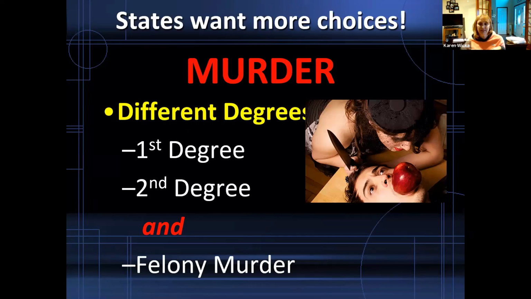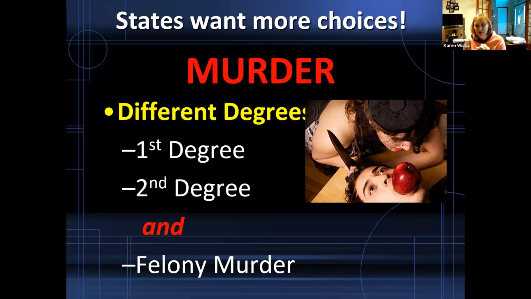Okay, now what happened with common law? We just had two choices, murder and manslaughter. So intentional murder, lower level mens rea, manslaughter. States didn't like that. It was such a severe distinction that they wanted some different degrees. They wanted additional degrees of murder. So they came up with different levels of murder.